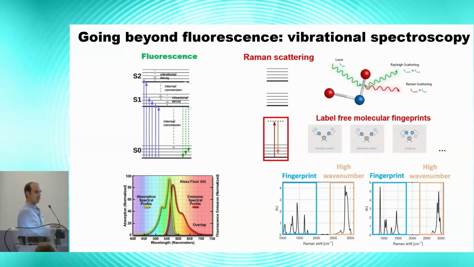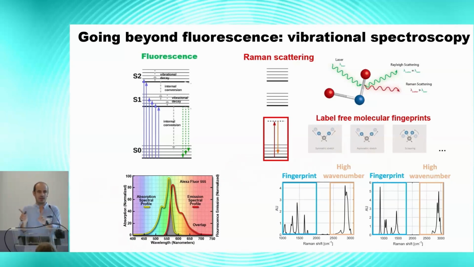However, this is not the only phenomenon that takes place in the brain. When you shine light on any kind of element, but also on biological tissue, you have another effect. It is Raman scattering. In this case, your light is not absorbed, it is diffused by the molecules you are scattering against, but some of the energy of the light is lost to the vibration of the molecule.